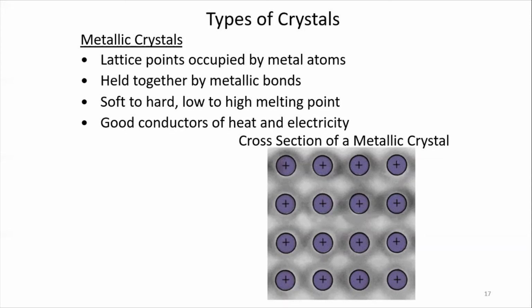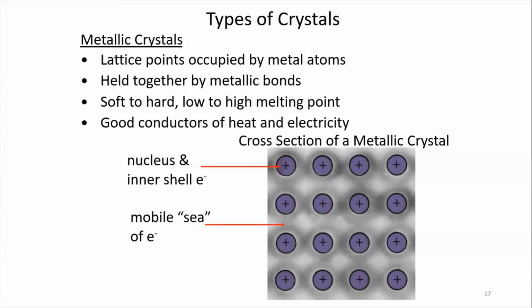So remember that our model for a metallic crystal is that you have a nucleus with a core of the inner shell electrons, and these form the lattice points of the crystal structure. And then the valence electrons are pooled amongst all the atoms in the sample, generating what we've called a sea of electrons.